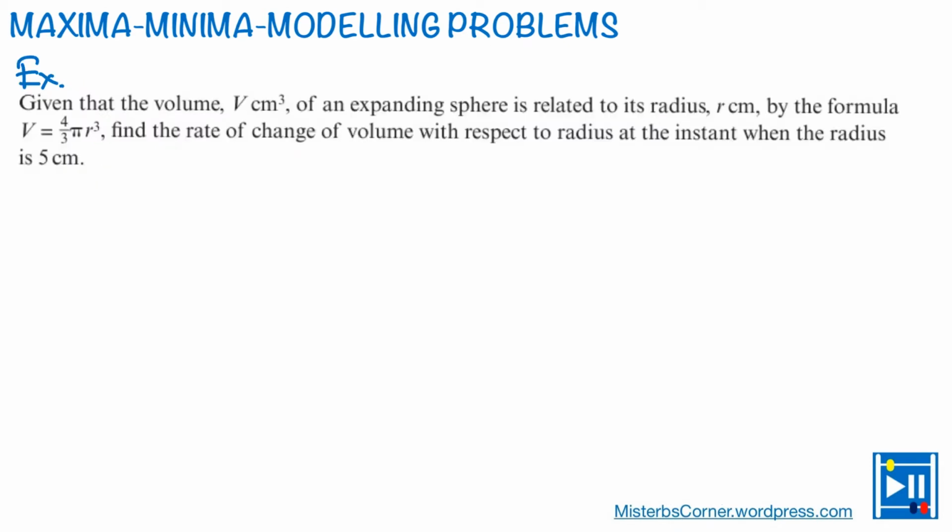Given that the volume of an expanding sphere is related to its radius by the formula, we know that. Find the rate of change of volume with respect to radius at the instant when the radius is 5 centimeters. Now, this is the part I kept mentioning while teaching differentiation.